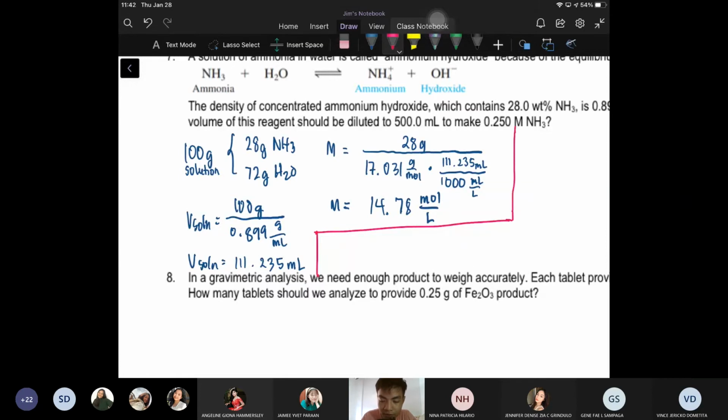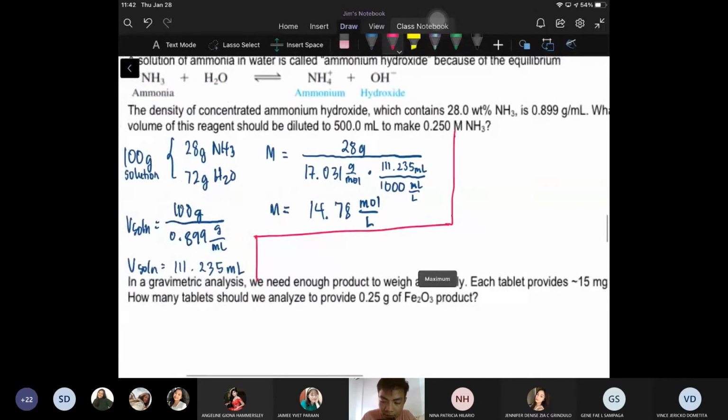Okay. So yan. So let's answer the last part of the question. So anong equation gagamitin since that is dilution problem? M1 V1 equals MF VF. So since we are looking for the volume initial ng original solution natin, so the equation to be used will be ano?